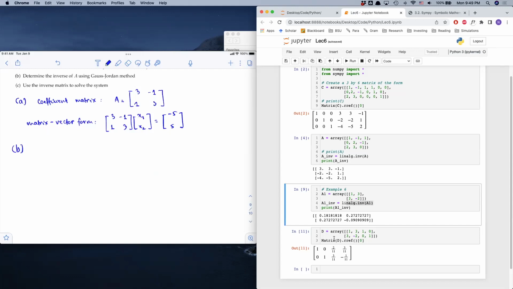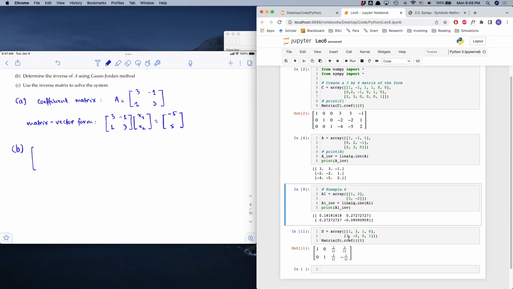Again, what you can do is use two different cases. One case, you can use linalg.inv to obtain the inverse this way, but in this case you only have the decimal points.